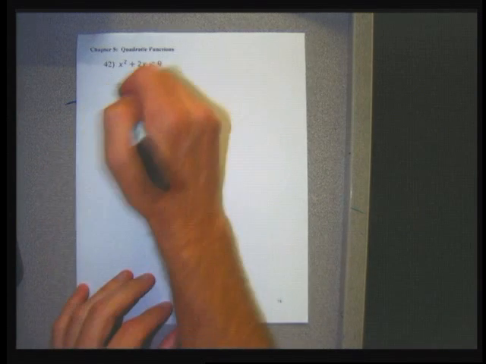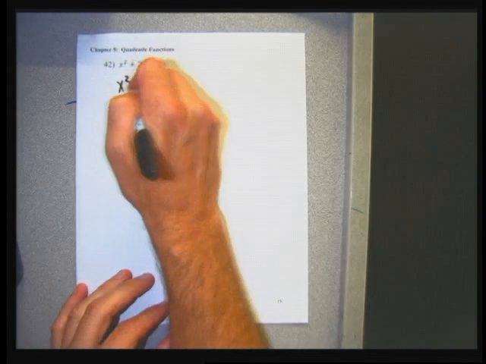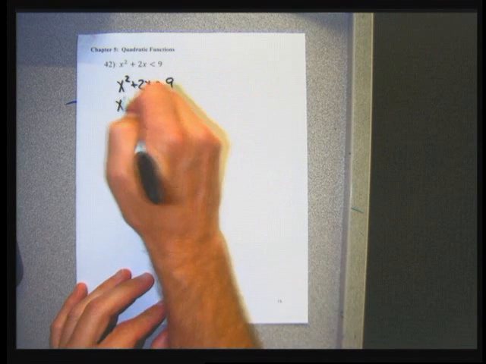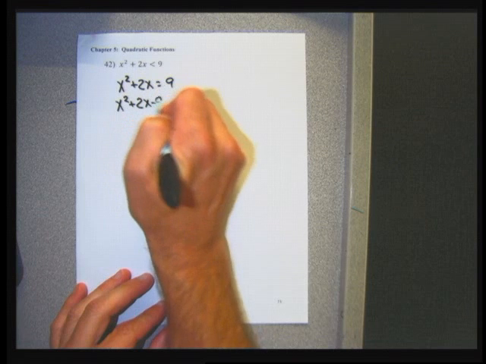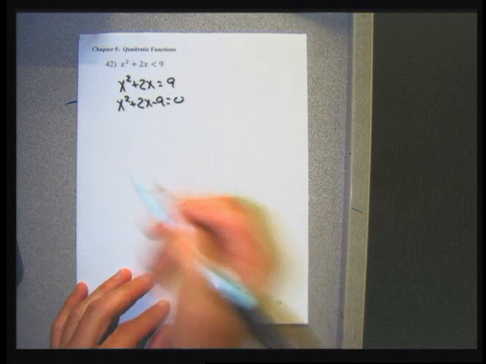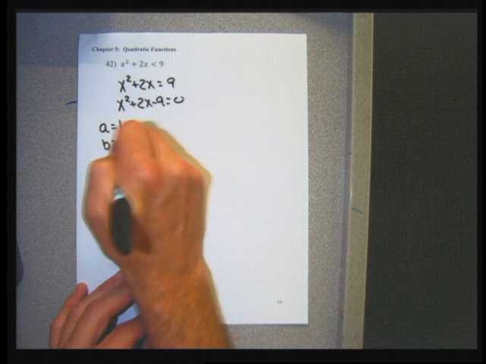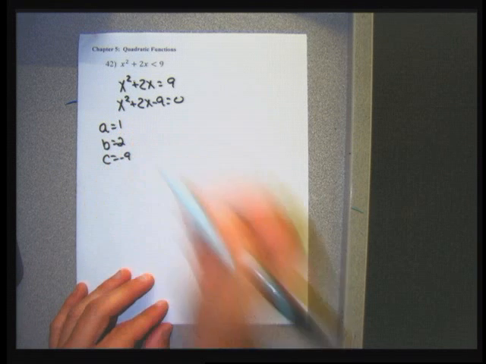So step 1 for 42, go x squared plus 2x equal to 9. Now x squared plus 2x minus 9 equal to 0. Quadratic formula. A equal to 1, b equal to 2, c equal to negative 9.